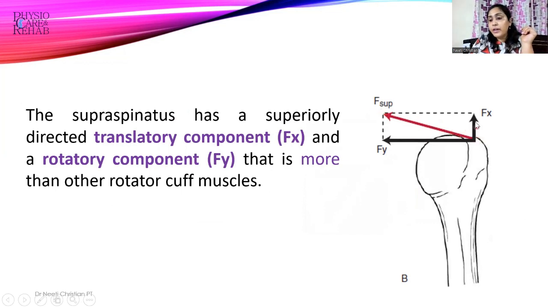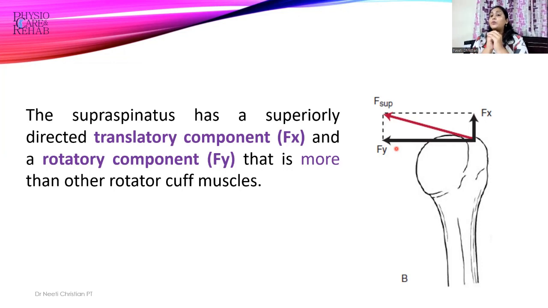You can observe that Fx, the translatory component, is going upward, and the horizontal rotatory component is larger. So when you do abduction of the shoulder, at the initiation of movement, when the supraspinatus contracts, the translatory component is not more than the rotatory component.